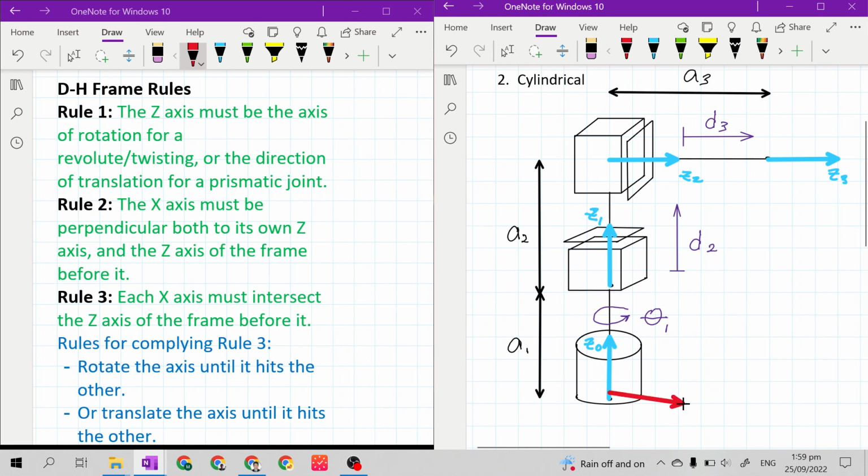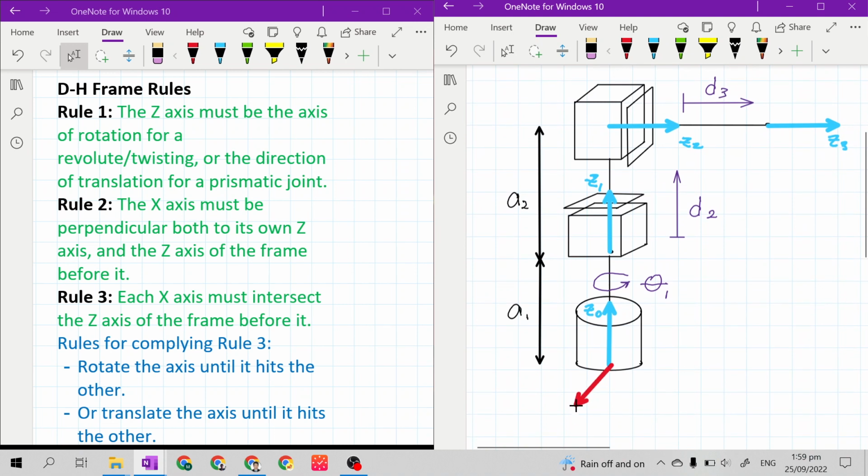Because of this, we can decide to point the x-axis to the right side, to the left side, to the back or to the front.